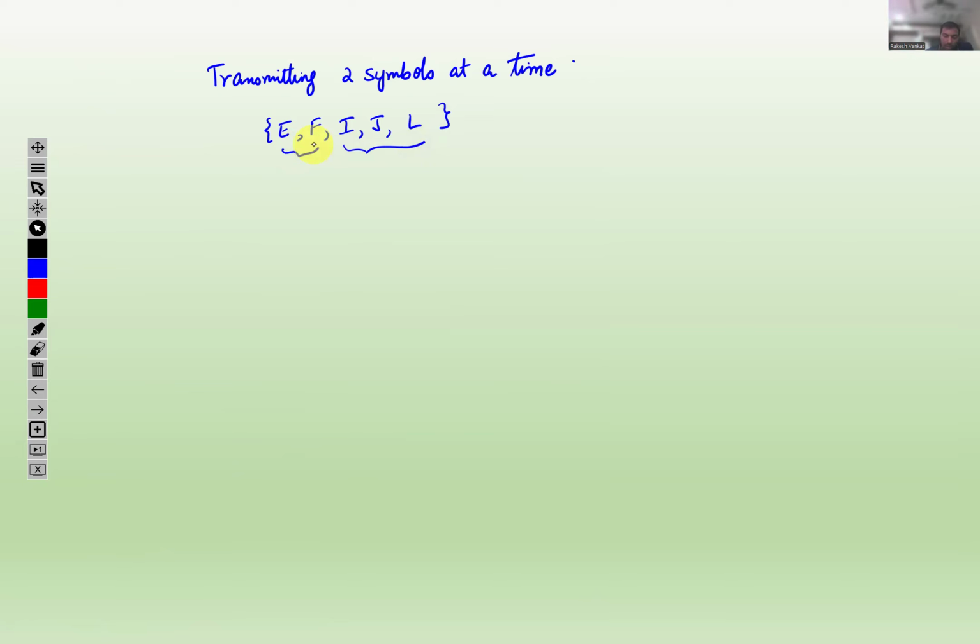But now suppose I send two bits at a time, or two symbols at a time. That is, every message is two symbols pasted together. Now each symbol by itself may be corrupted.